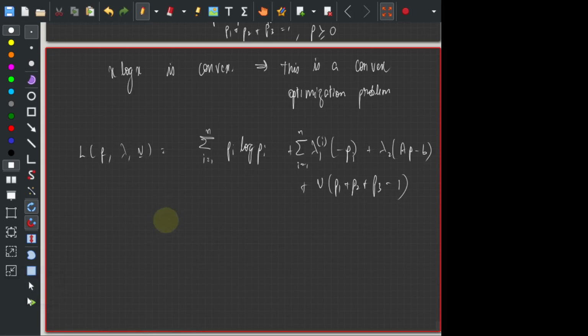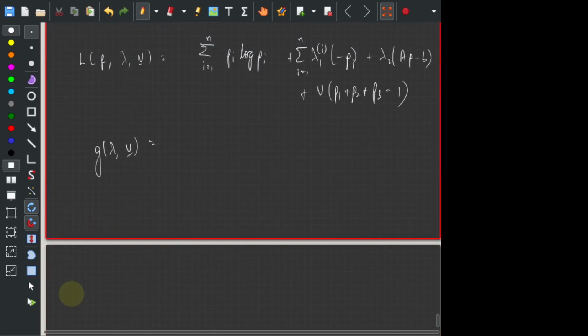So what would be the Lagrange dual? What can you say about this function, the Lagrangian as a function of p? It is convex, right?